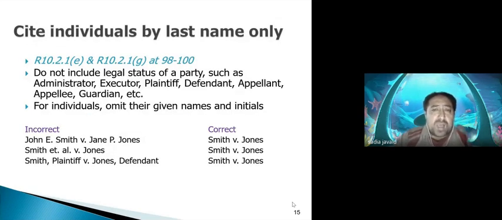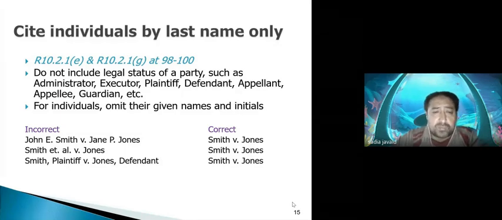Cite individuals by last name only. Do not include the legal status of parties such as administrator, executor, plaintiff, defendant, appellant, appellee, guardian. The reason is that, in this way, the significance of the case could not be general. When you mention your role or your designation, it can influence the justice as well.